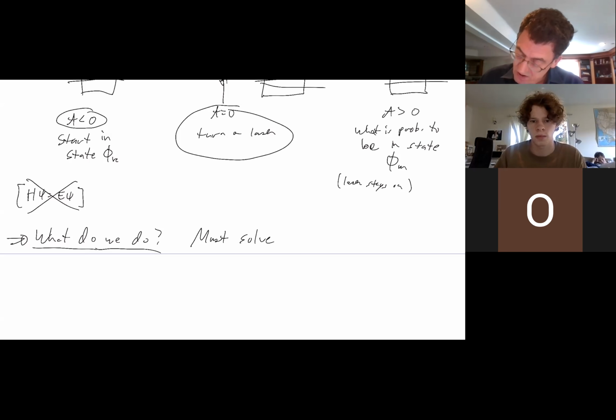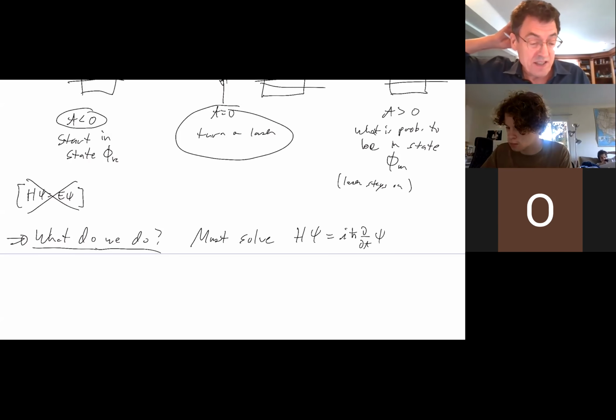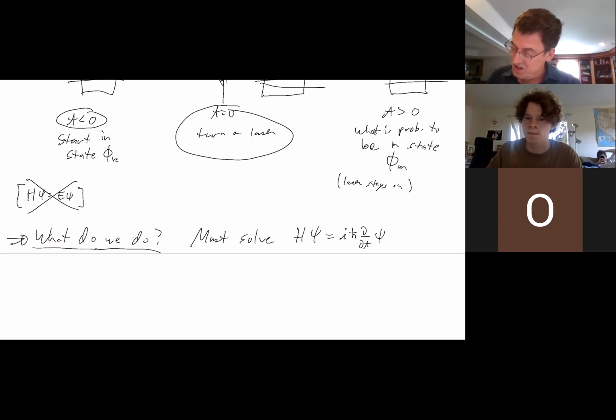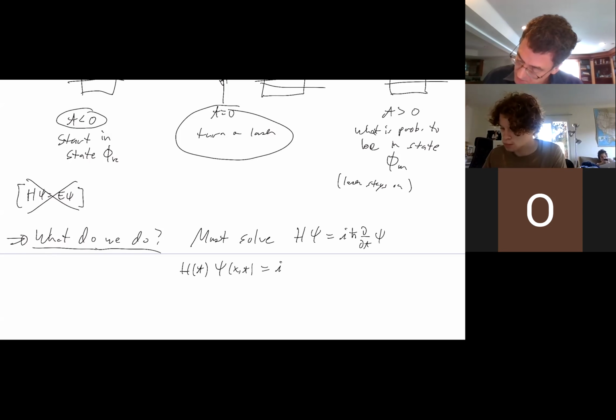Basically, you just solve the Schrodinger equation: H psi is equal to i h bar d/dt psi. That still works, but the problem is that now H is a function of time. So we have to solve this problem, which is a pretty hard problem.